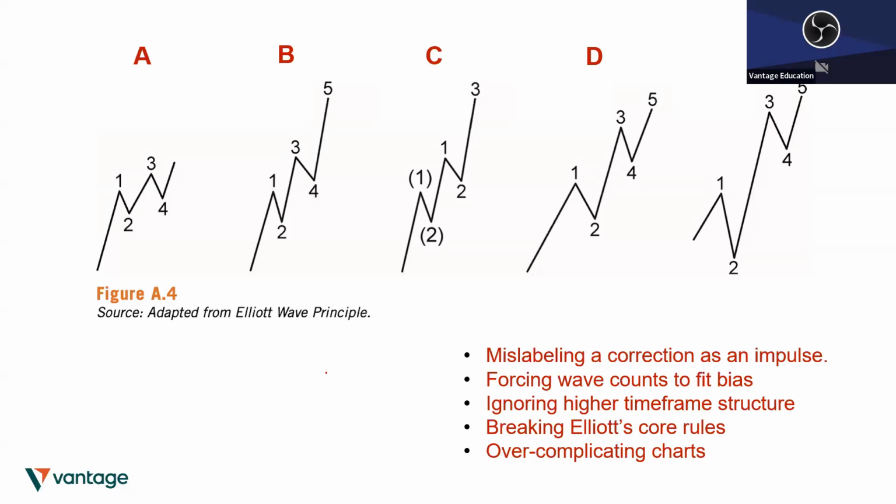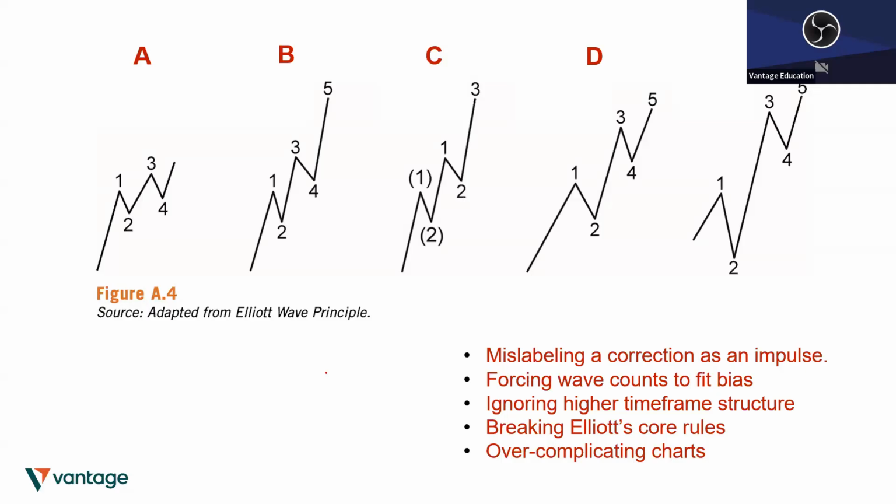It is very important. Okay, I've got answers coming in already. 3 cannot be the shortest. Yes, thank you very much. Anyone else? I just need the 3 golden rules. Wave 4 cannot go into the zone of wave 1. Okay, thank you very much.